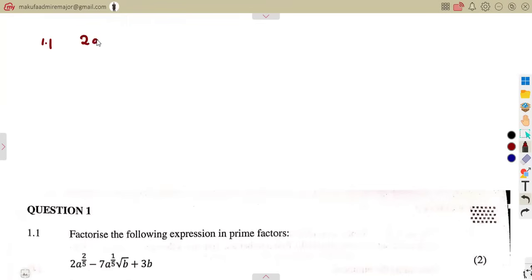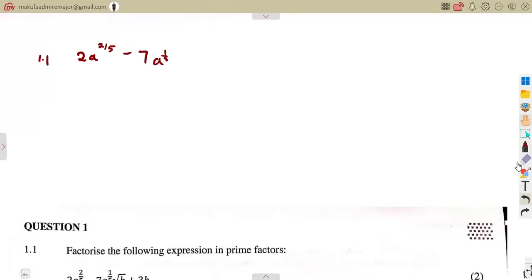That is 2a to the exponent of 2 over 5 minus 7a to the exponent of 1 over 5, and also the square root of b plus 3b, like this.